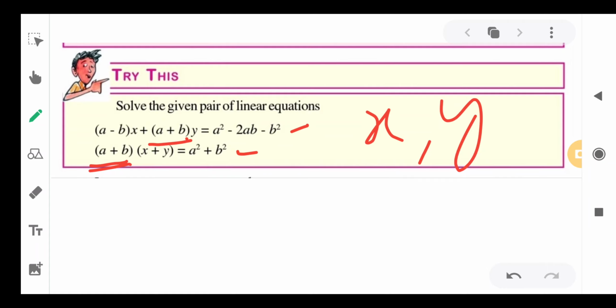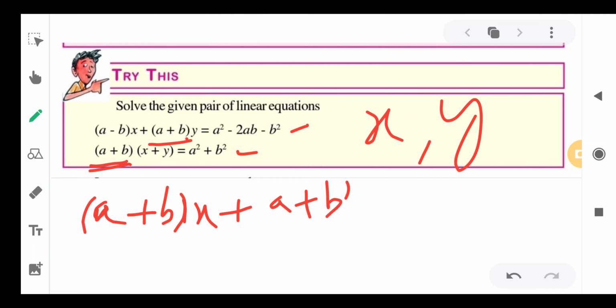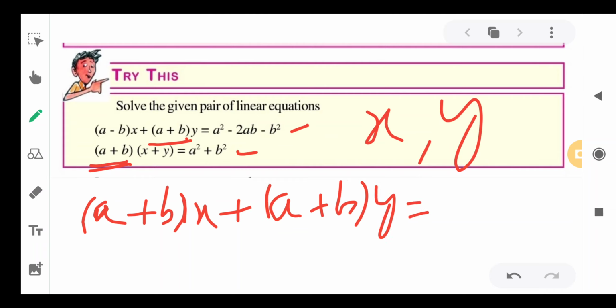So the second equation we can write as (a plus b) into x plus (a plus b) into y is equal to a square plus b square.